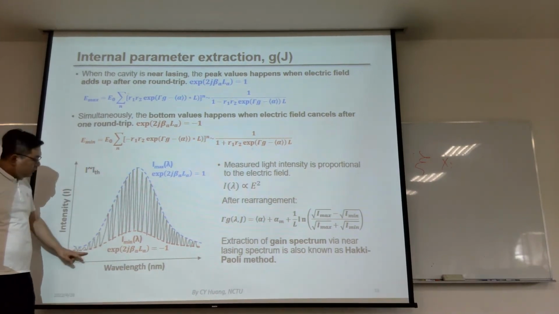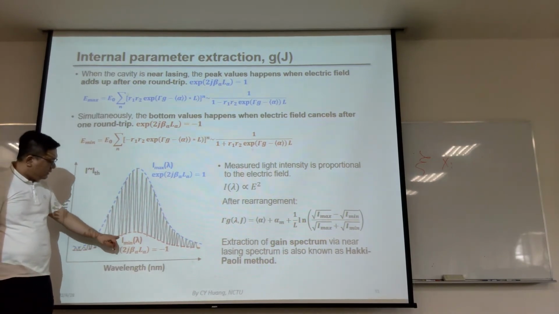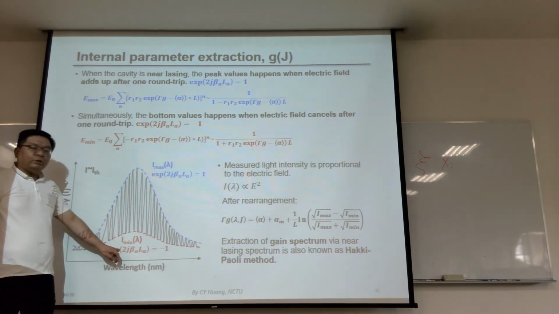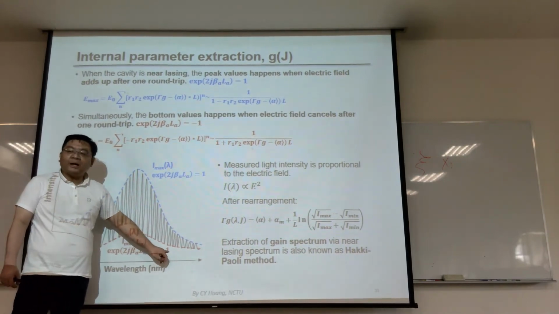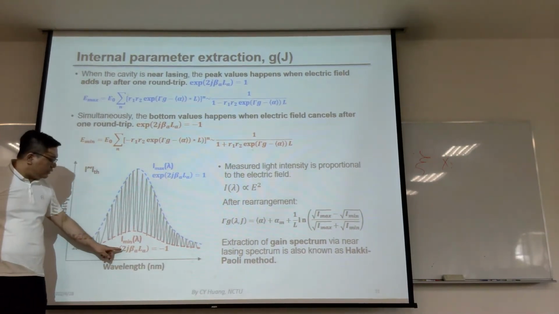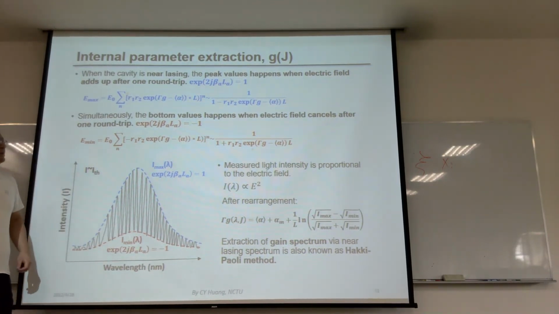For those at the lower side, the round trip phase reaches π, not 2π, so the exponential 2jβL is equal to -1.